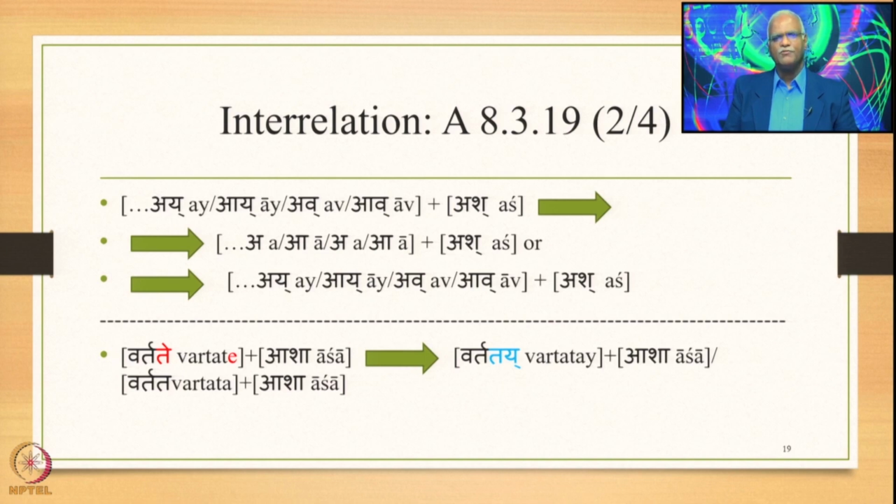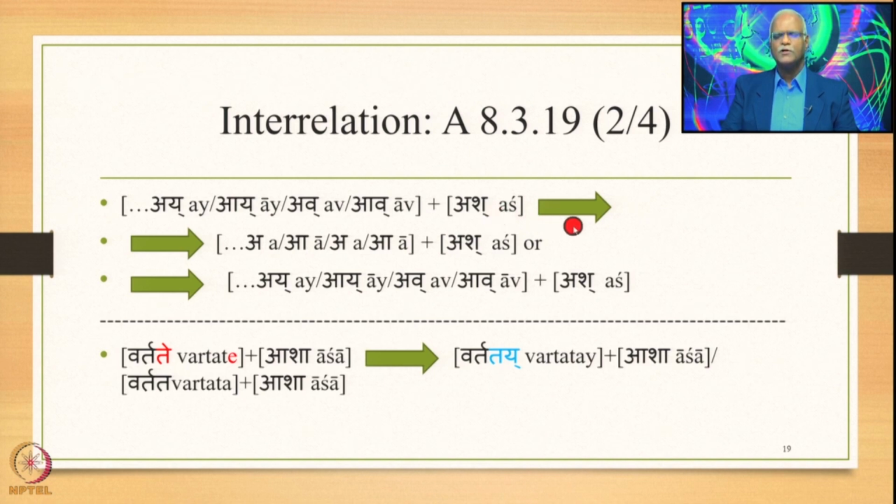To put it in the form of an equation and show some examples, we can say that if aya or ava appears at the end of a pada, so they are preceded by some sounds, this ya comes at the end of a pada preceded by a, and obviously there are previous sounds, and all these are followed by another pada at the beginning of which comes ash.